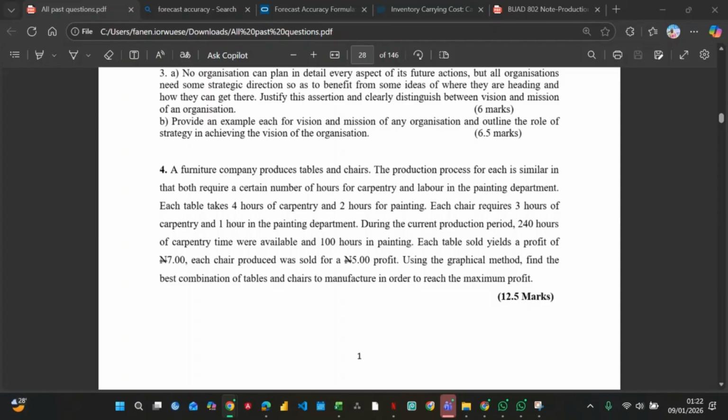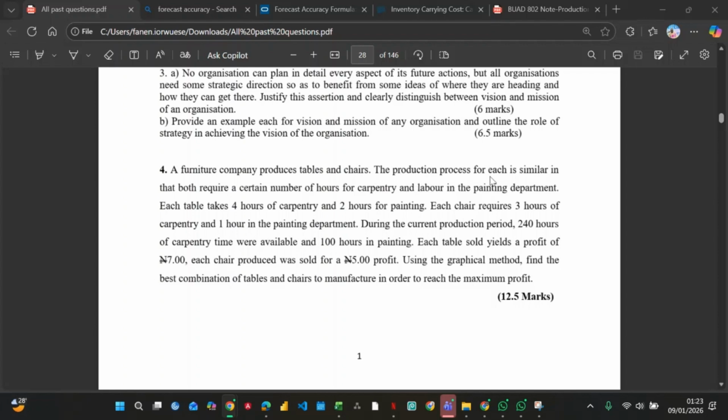Now, the next thing after getting the variables is your constraint. Here, we need to extract the resource requirement. So what does it require? The first constraint is the carpentry department. We are also looking at the painting department.